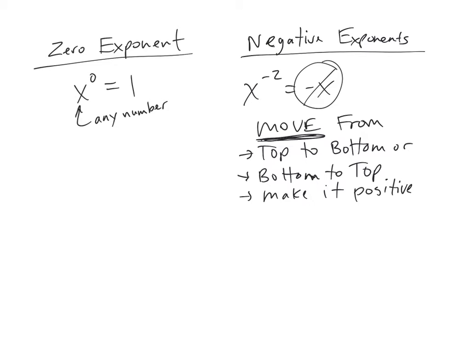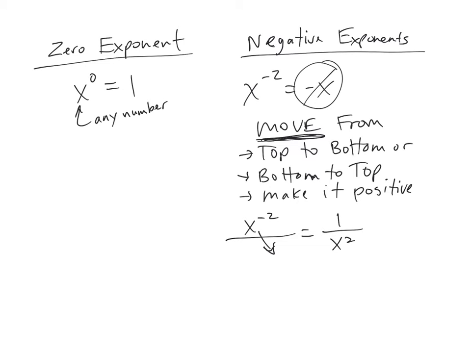Alright, so let's look at a couple of examples. Let's do x to the negative 2. Now, think of it as there's a line here. So it goes from the numerator to the denominator, and what's left on the top is 1, and the bottom is x squared.